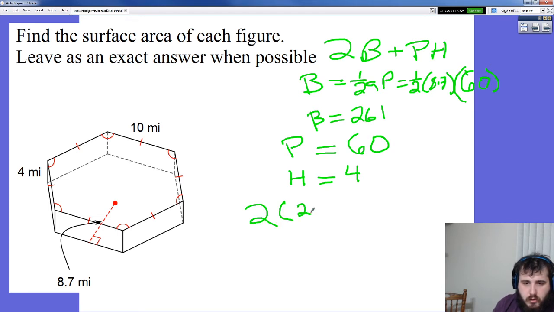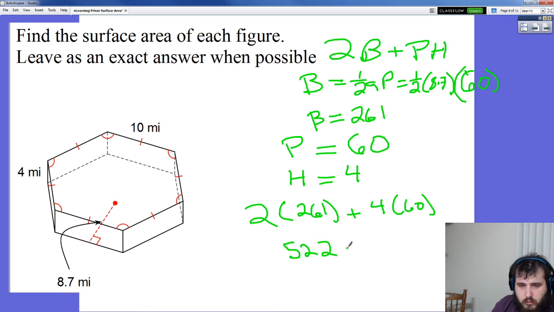So we've got our B, our P, our H. 2B plus pH. We're going to go through and do that now. We've got 522. 261 times 2. 2 times 1 is 2. 26 times 2 is 52. 522.